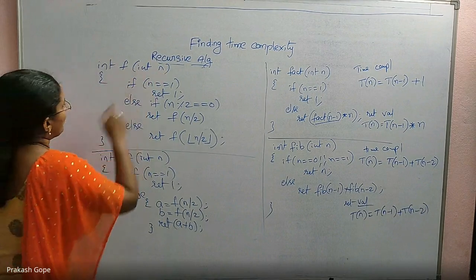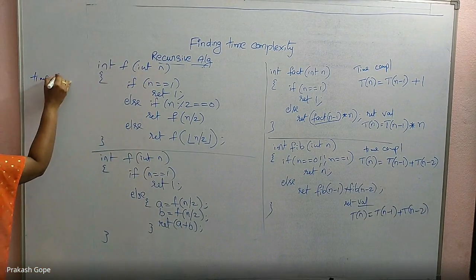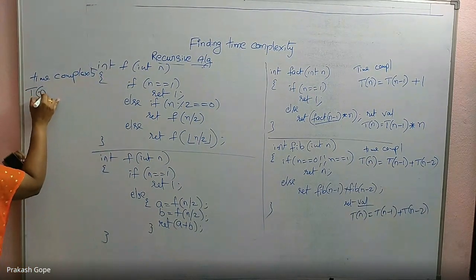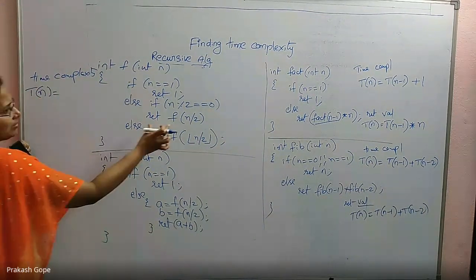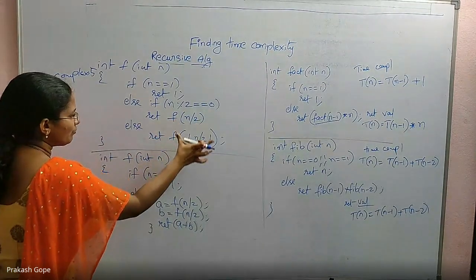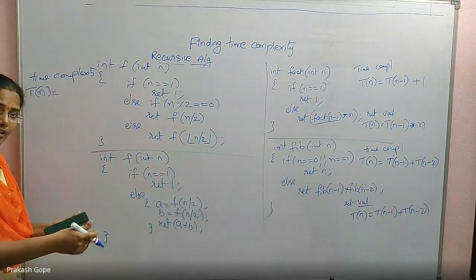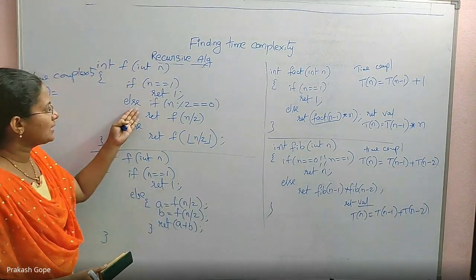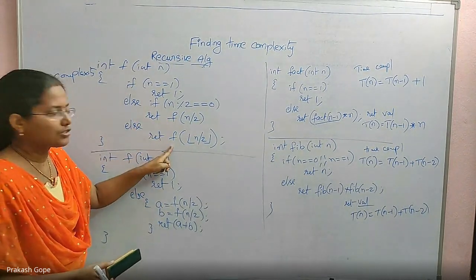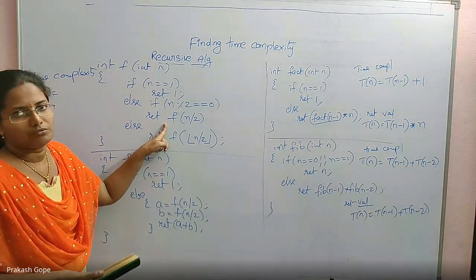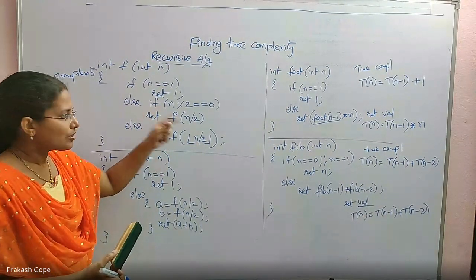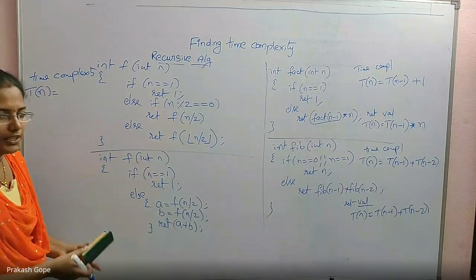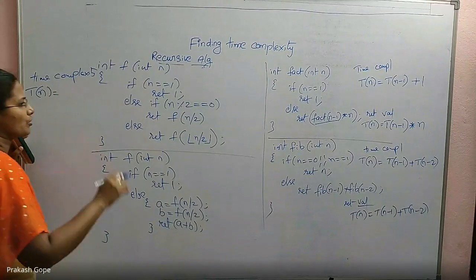The time taken when n is passed, time complexity: should I think this function is also invoked and this function is also invoked? Then the time taken is double. But it is an else if and else. If this is invoked, this is not done. Only one of them gets executed. So the time taken is by any one of them, and both look almost the same, so you can take anything because we are interested in the best approximation only.